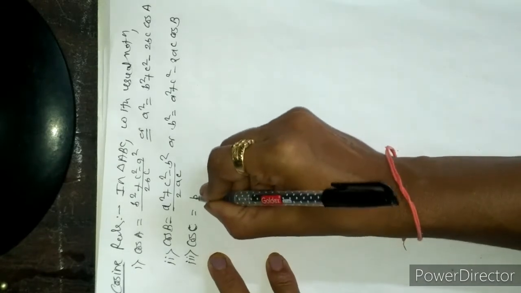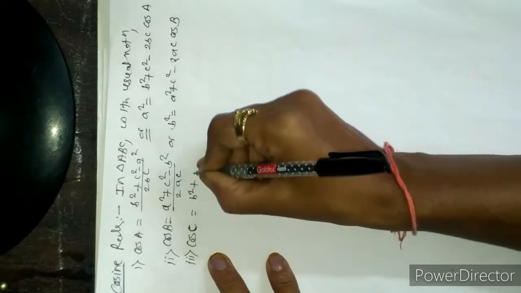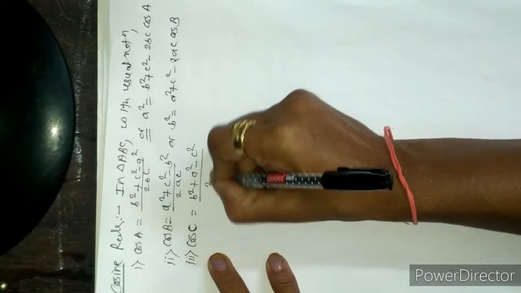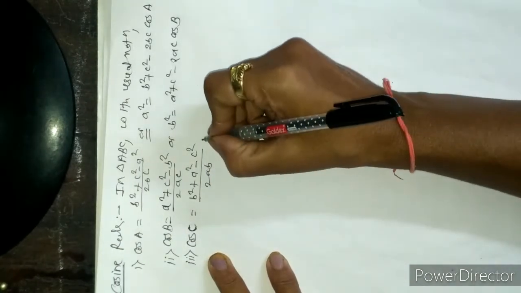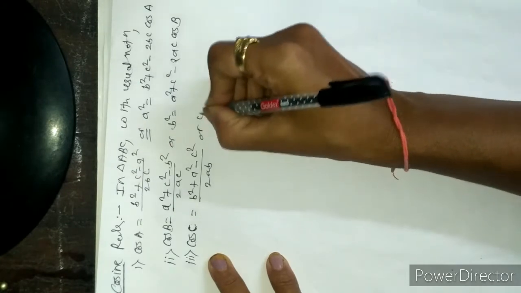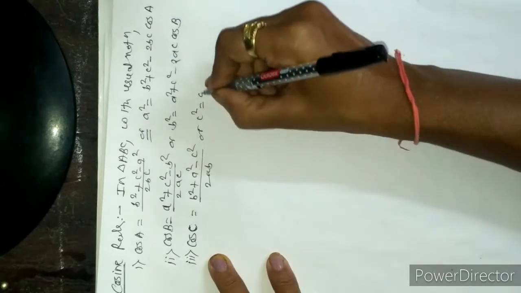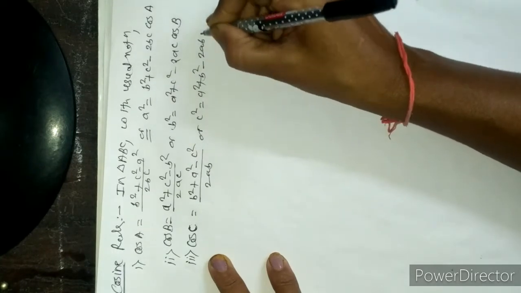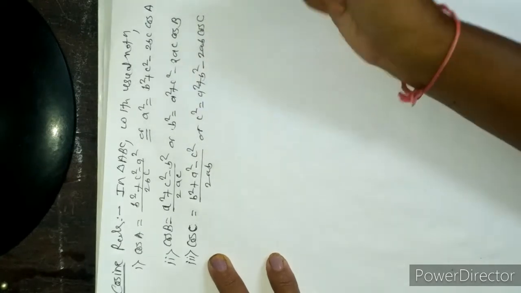Cos C is equal to (A square plus B square minus C square) upon 2AB. Or from this we may find the relation for the square: C square is equal to A square plus B square minus 2AB cosine C.